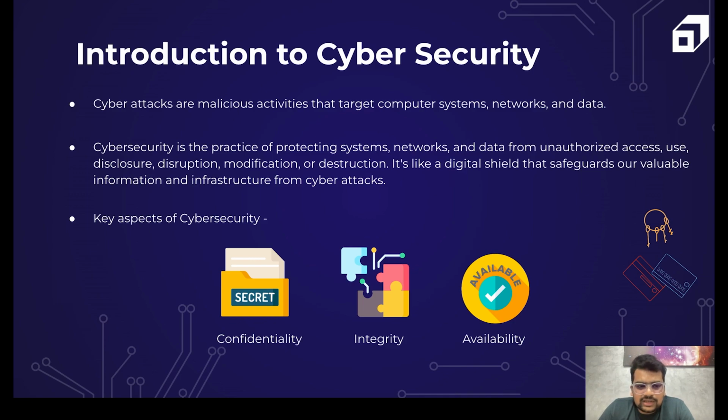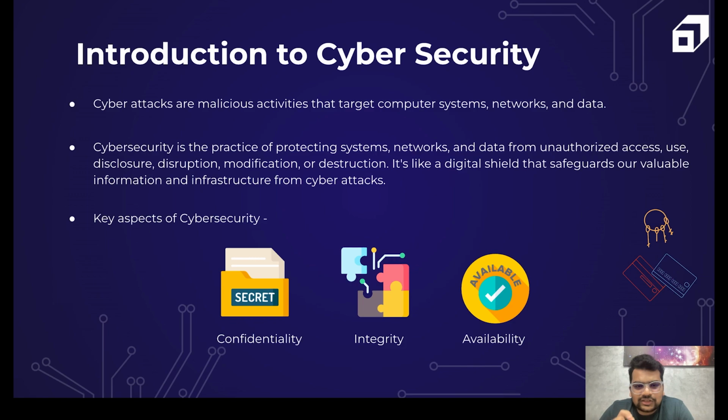So guys, as I was talking about, cybersecurity is the practice of protecting systems, network, and data from unauthorized access, use, disclosure, disruption, modification, or destruction, right? Now let us understand individually what this is, right?